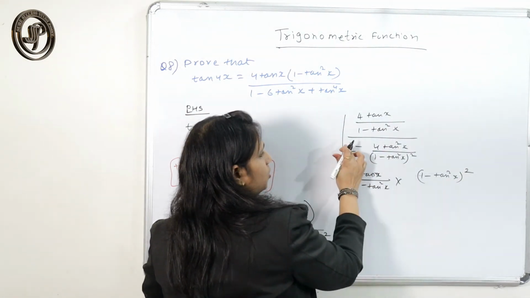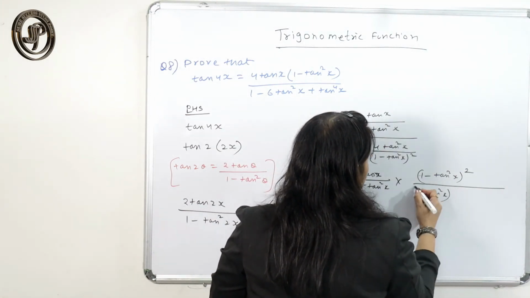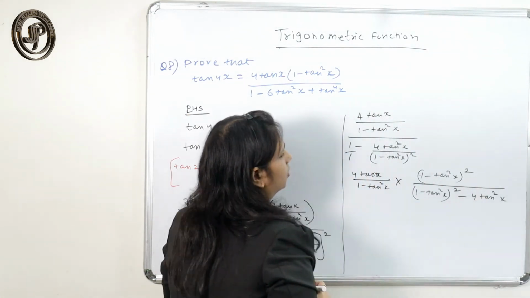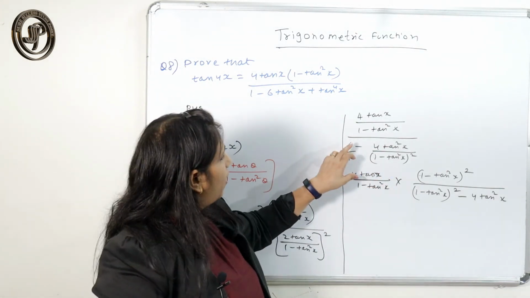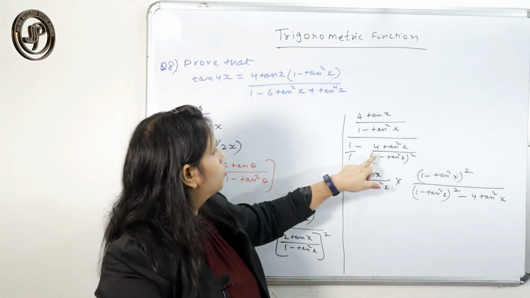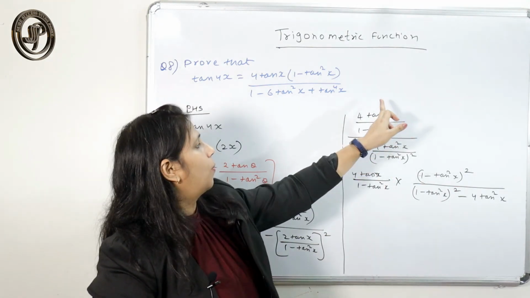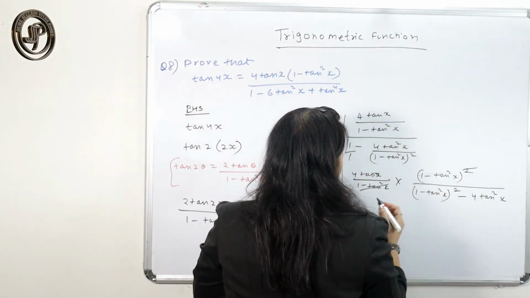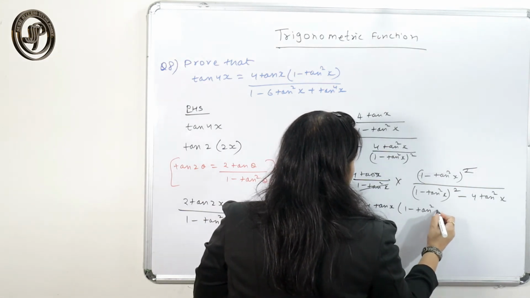If I simplify, this will go here. So this I can write as 1 minus tan square x the whole square minus 4 tan square x. Can you understand this? How I have written? First I have taken the LCM upon 1. So it will be 1 minus tan square x the whole square minus 4 tan square x. Then this will go up. That is what I have done here. Now this and this will cancel out. Here you will get 4 tan x, 1 minus tan square x.